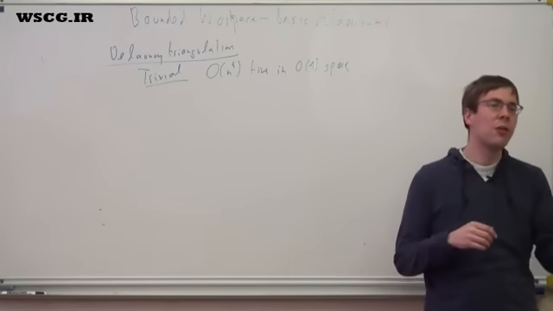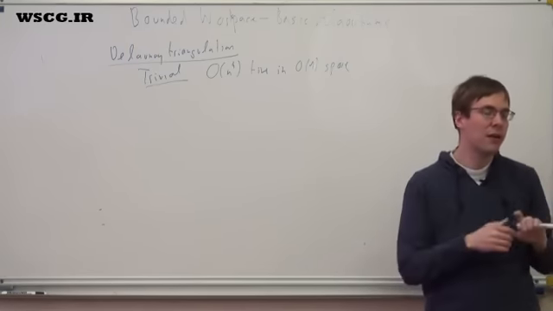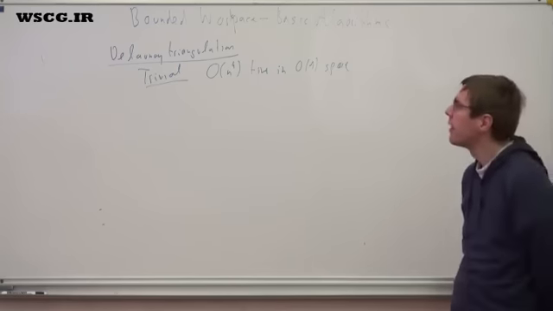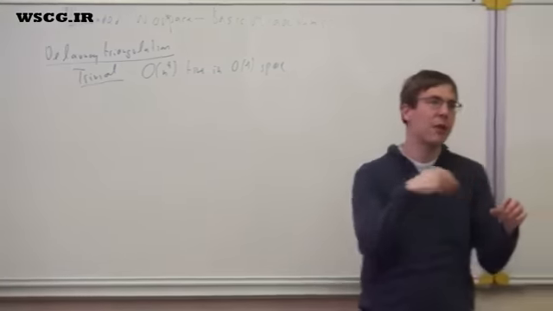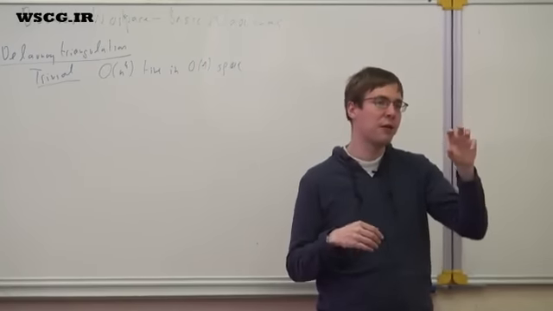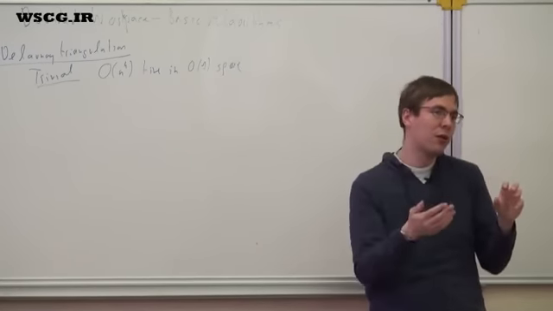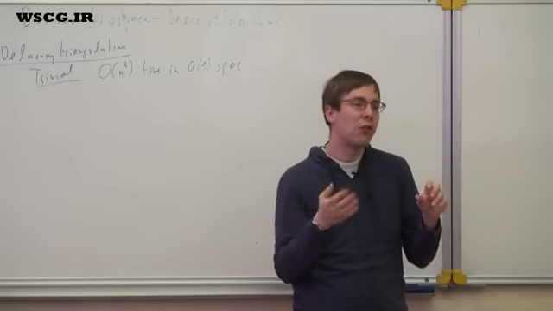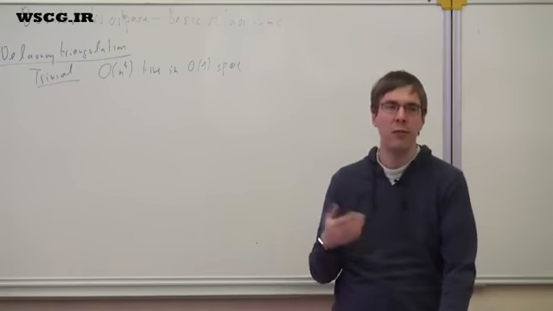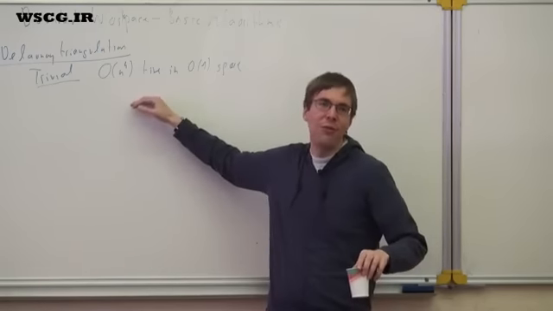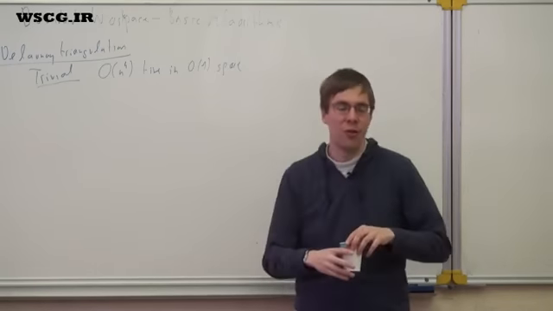For each triple you need to check whether this triple is a triangle in the Delaunay triangulation. This you can do in linear time by looking at all the points and checking whether there exists one point which lies inside the circumcircle of this triangle. If there is such a point, it's not a Delaunay triangle. If there's no such point, then it is a Delaunay triangle, and you output it. So this everybody can do. This is the baseline. So we need to do something which is faster than n to the 4.